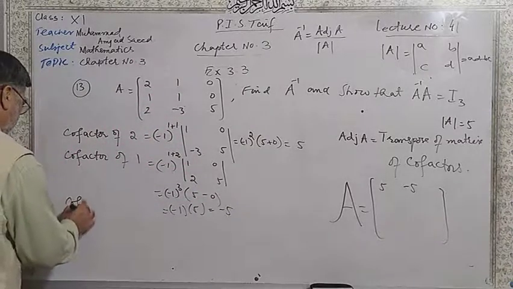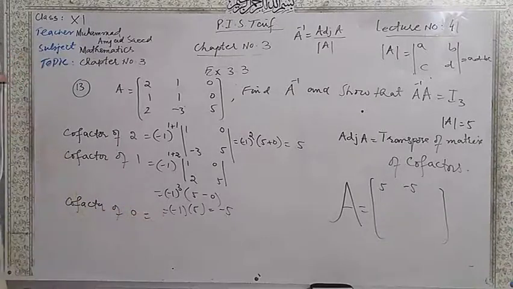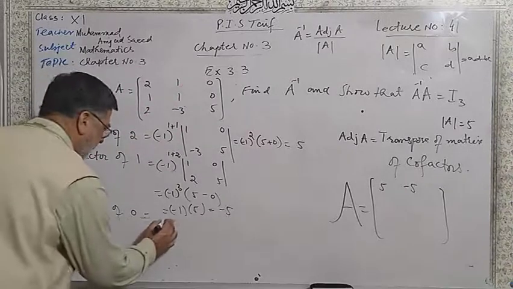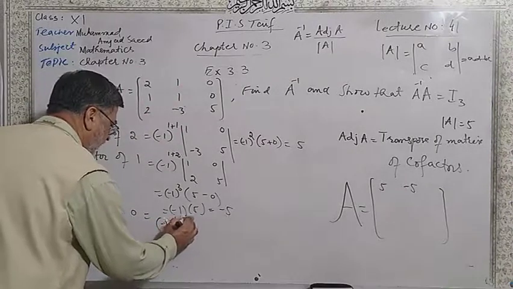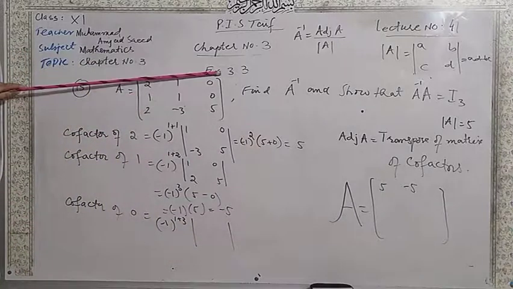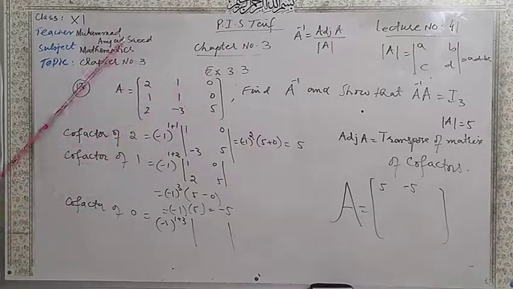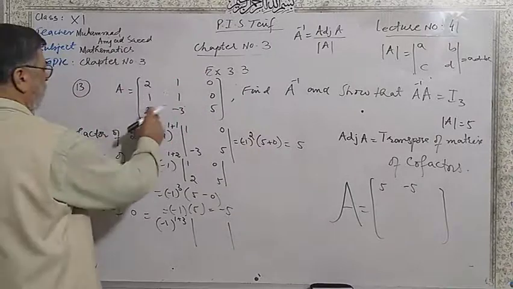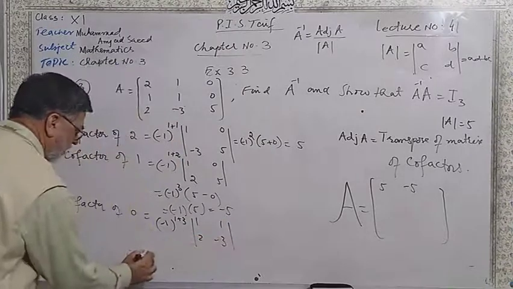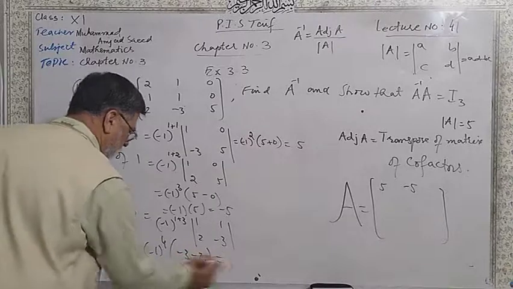Similarly, the cofactor of 0, this one, is minus 1 power, first row, third column. Remove this column and row. We are left with 1 1 2 minus 3. Minus 1 power 4 into minus 3 minus 2.